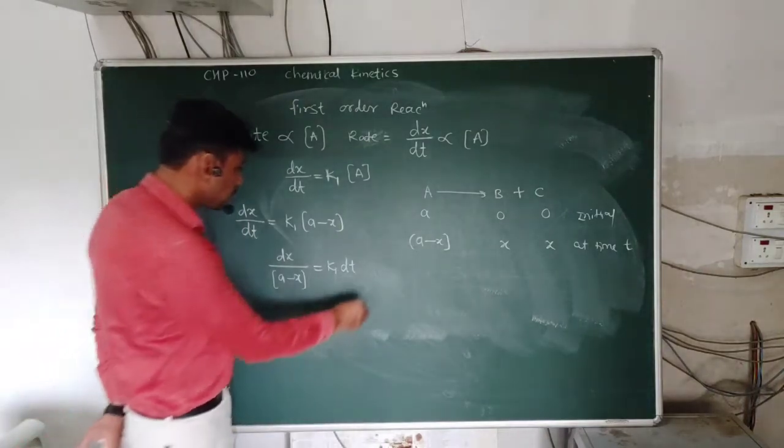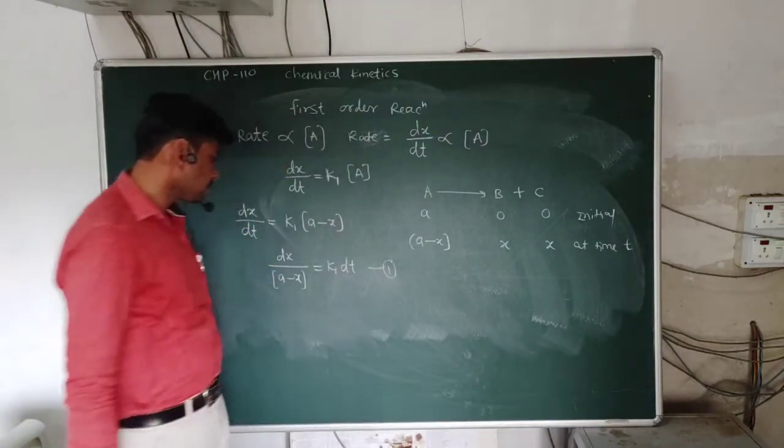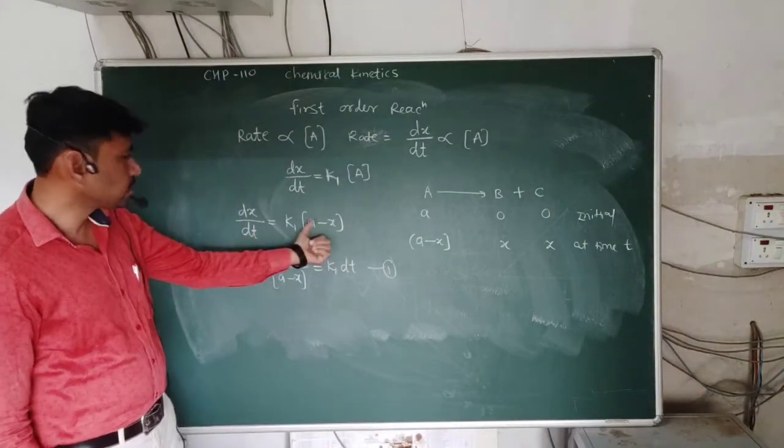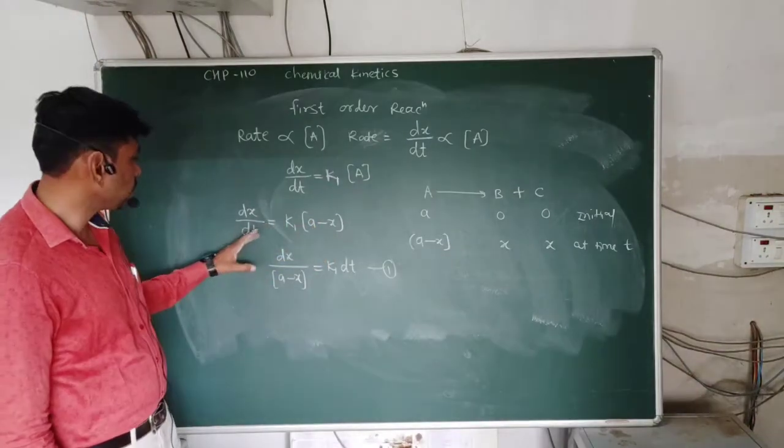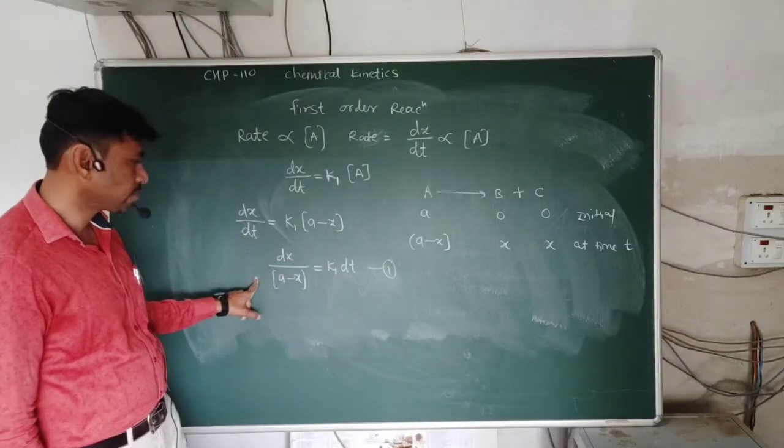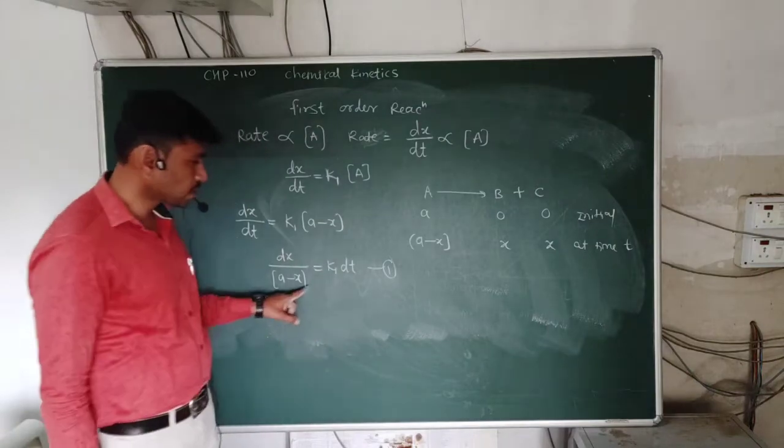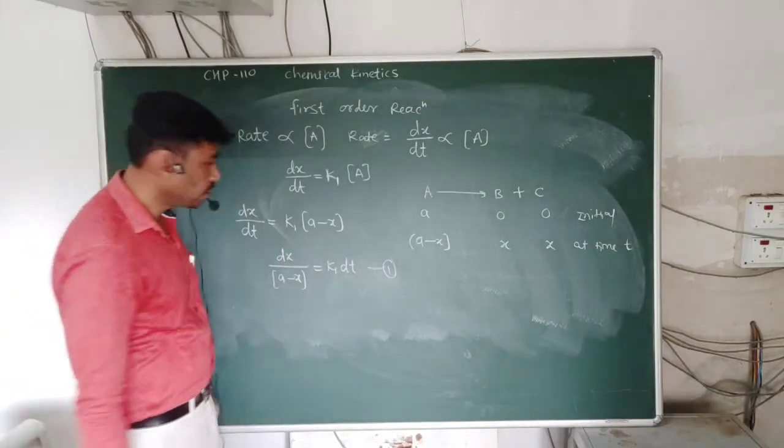Say this is equation number 1. Rearranging, dt is shifted here and (A minus x) is shifted here.